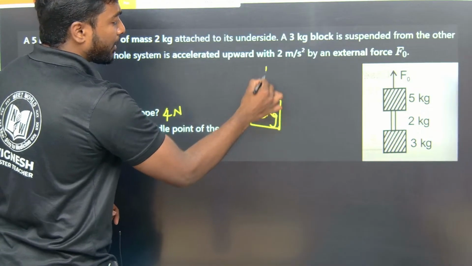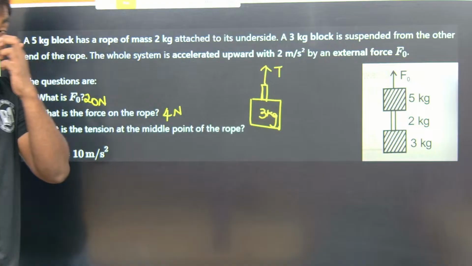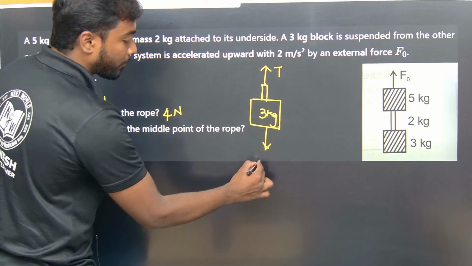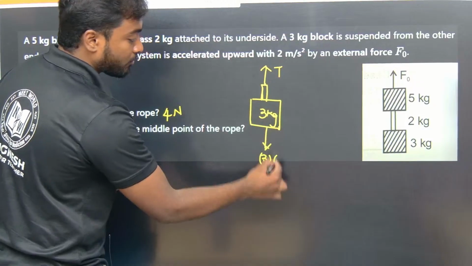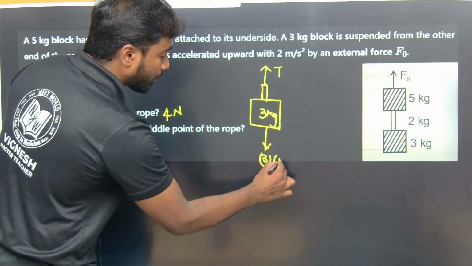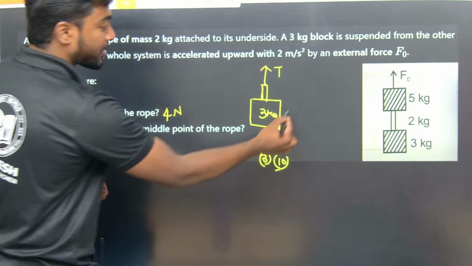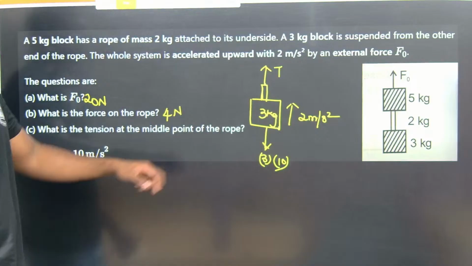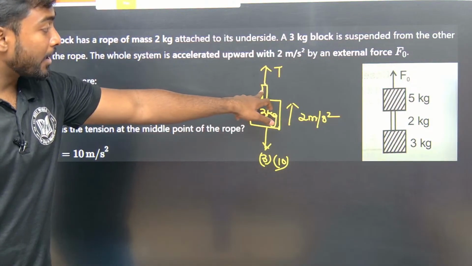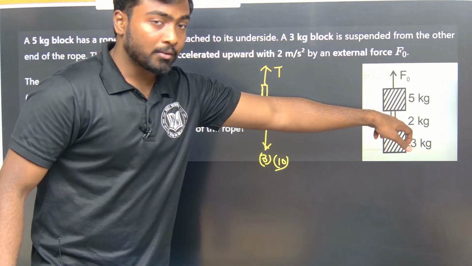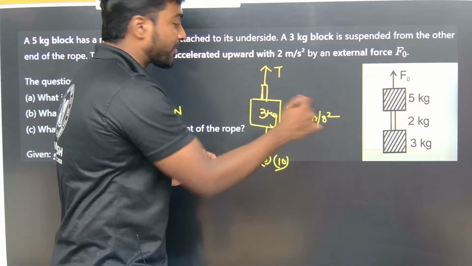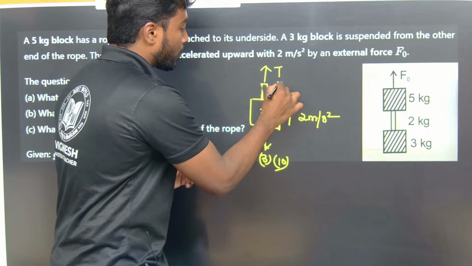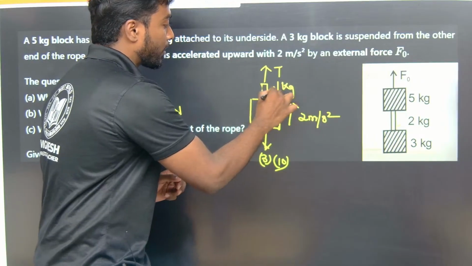Rope means there will be a tension T, and here the weight will be 3 into g, that is 10. The acceleration is upward, 2 meter per second square. Here I need to take the mass of the rope also, because the rope has mass, so 1 kg I should take. This is 1 kg.